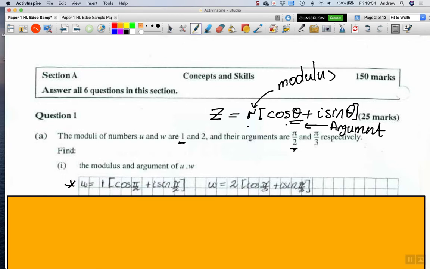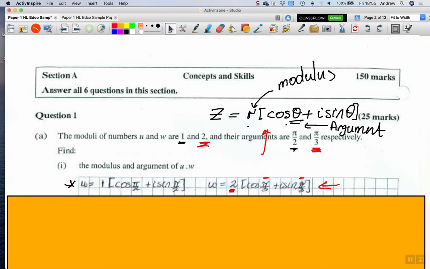And similarly, we know that the modulus, the r value for the z, is 2, and that the argument is pi by 3, and we substitute it into that formula to get that answer there. Then the question quite clearly states that they want us to find the product of these two complex numbers.